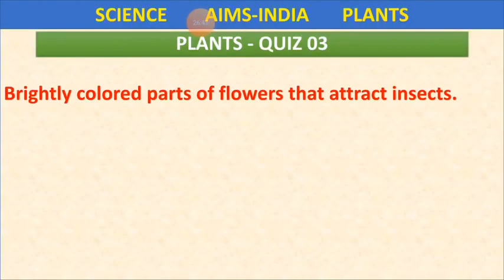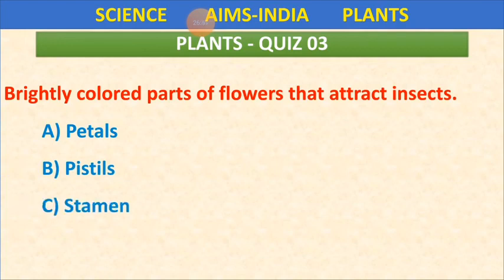Here it is: brightly colored parts of flowers that attract insects. What are they? We already said that we have different types of plants, different types of flowers with beautiful colors. And what is the colored part of the flower called?